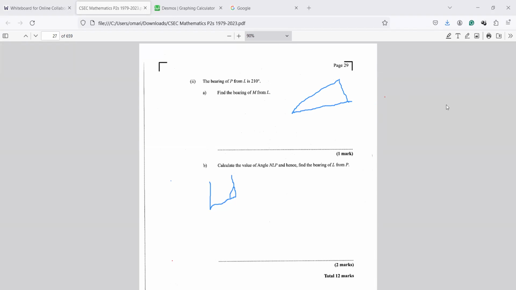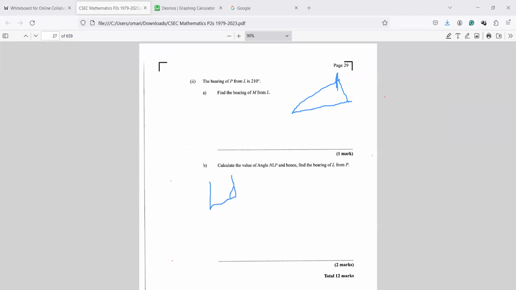Right, so here is our N. I'm using the pen. Yeah, I'm using the pen Omari, but it's just not giving me the option to change the color.